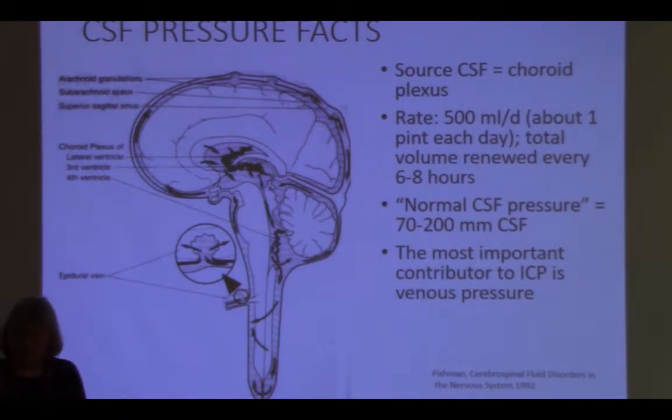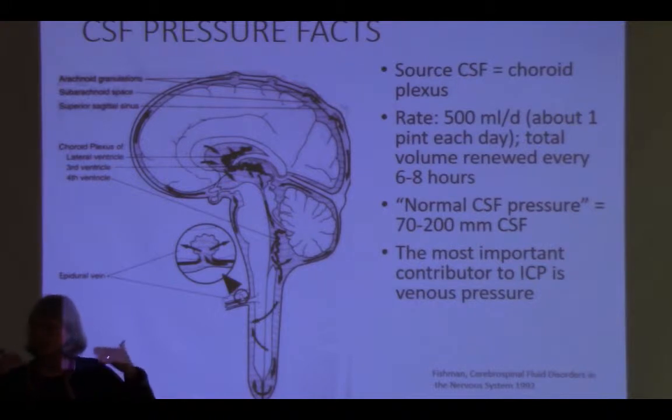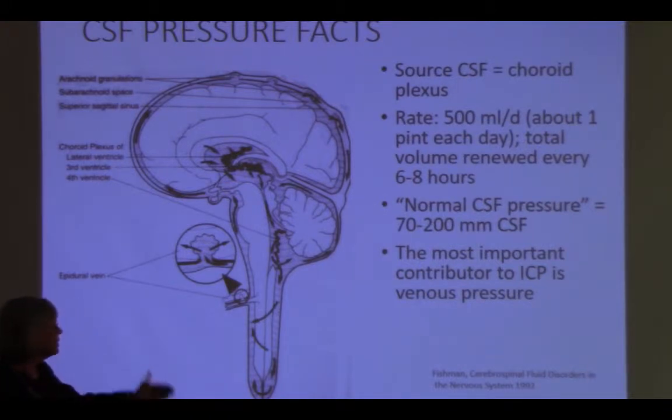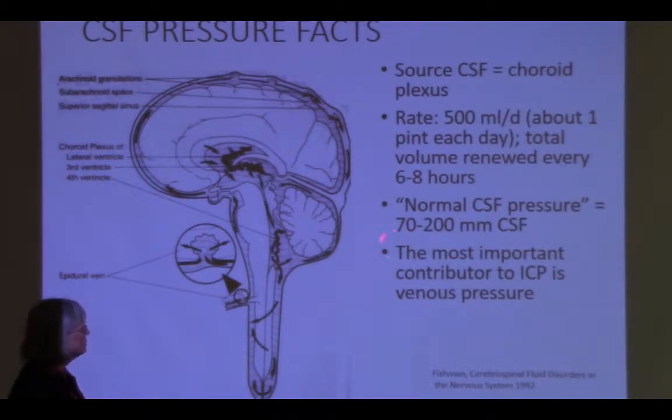It's amazing how much spinal fluid is made every single day, like a pint a day. And the volume of our spinal fluid is refreshed every 6 to 8 hours. So it's a process that's going on. You don't have to do anything about it. It's just doing it by itself. A normal pressure is between 70 and 200.